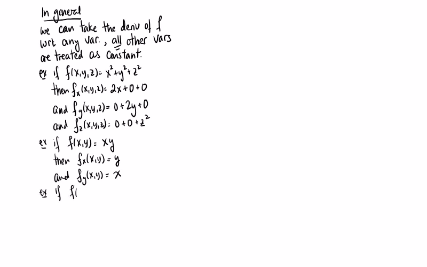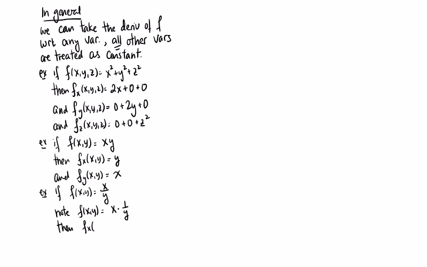I'll do one more and then we'll see the other notation. Suppose we had x over y. Now, you could do a quotient rule here, but you can also think about this as x times 1 over y.